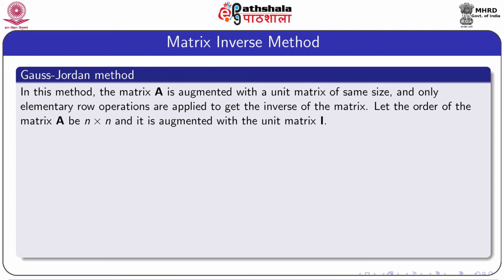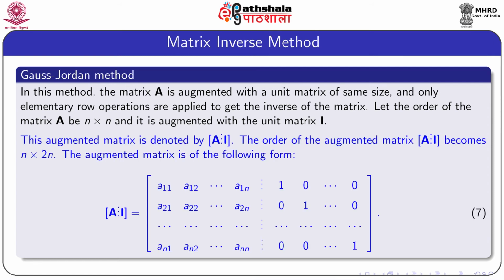Let the order of the matrix A be n by n, and it is augmented with the unit matrix I. Then the augmented matrix is denoted by [A | I], and the order of the augmented matrix becomes n by 2n. That means the number of rows is n and the number of columns is twice n. The augmented matrix is of the following form. Note that the first half represents the matrix A and the second half is nothing but the unit matrix.